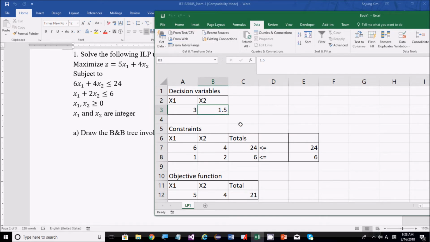So definitely we have to consider the closest integers to this 1.5, either 1 or 2, because this is between 1 and 2. So one can be a constraint for the next iteration, and the other can be used as a constraint for the third iteration.